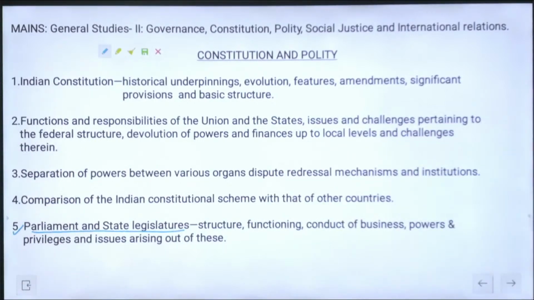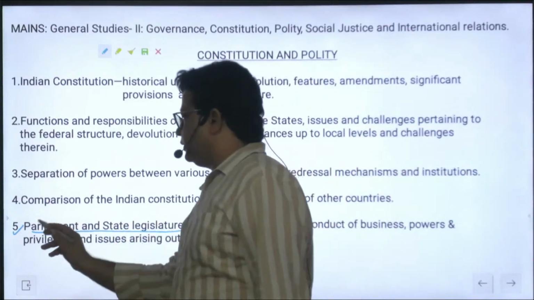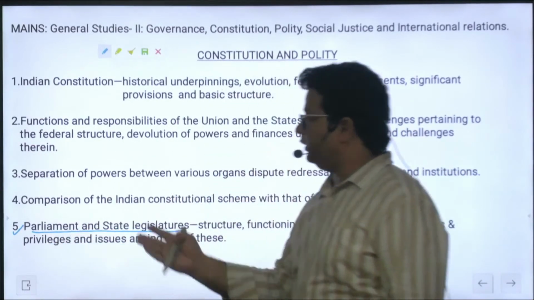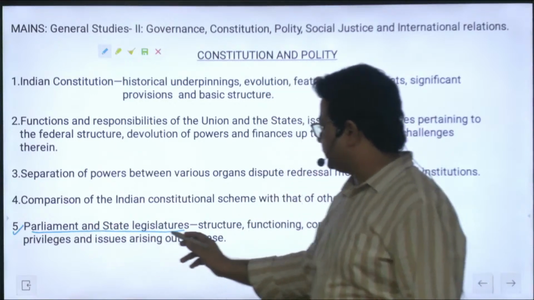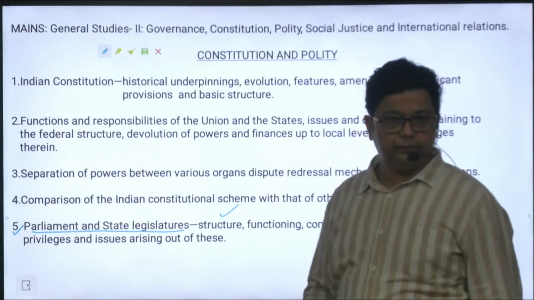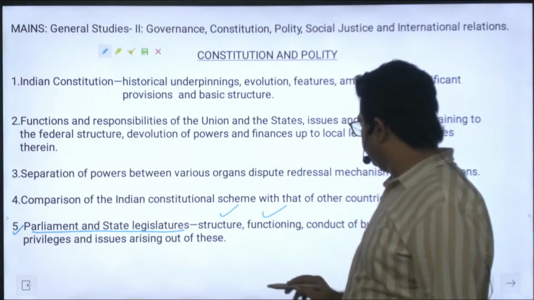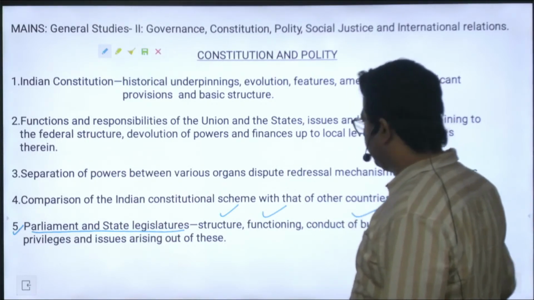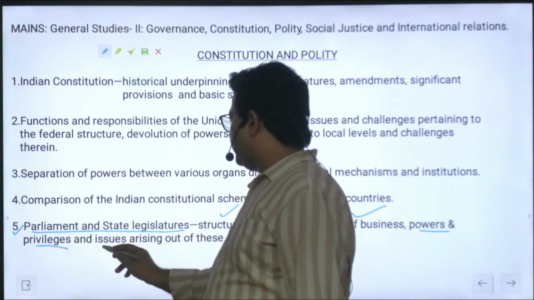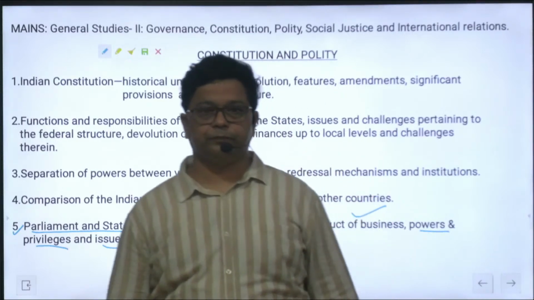We have a parliamentary form of government, right? So under this, we need to understand parliament and state legislature, its structure, its functioning, conduct of business, powers and privileges, and issues arising out of this.